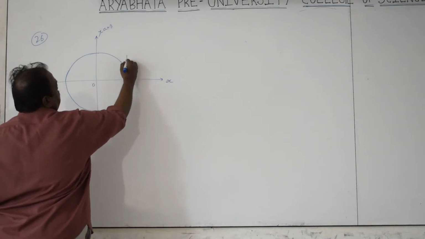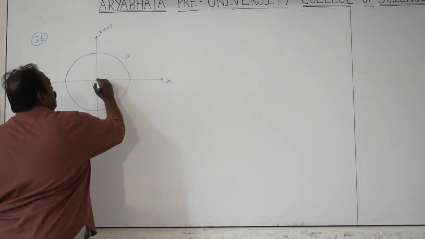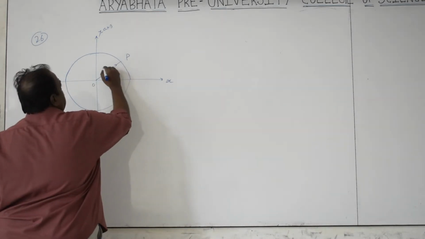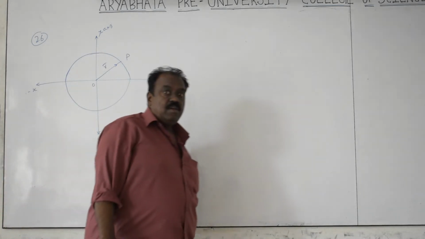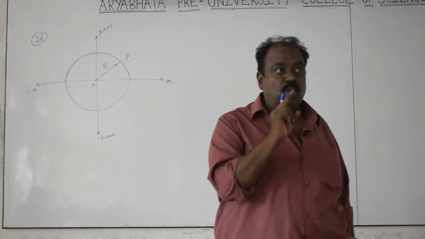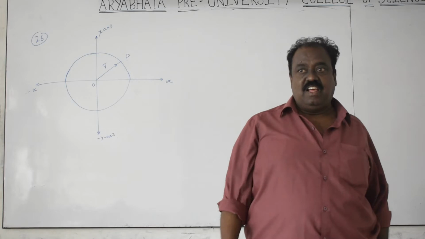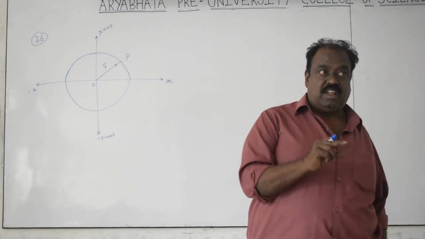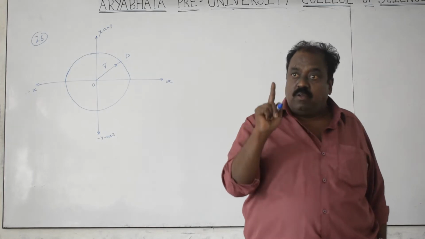Suppose P is a point on the circle. OP bar, let it be R bar. We construct a circle with radius 1 unit length. OP is equal to R. OP bar is equal to modulus of R bar, which is equal to 1 unit length.